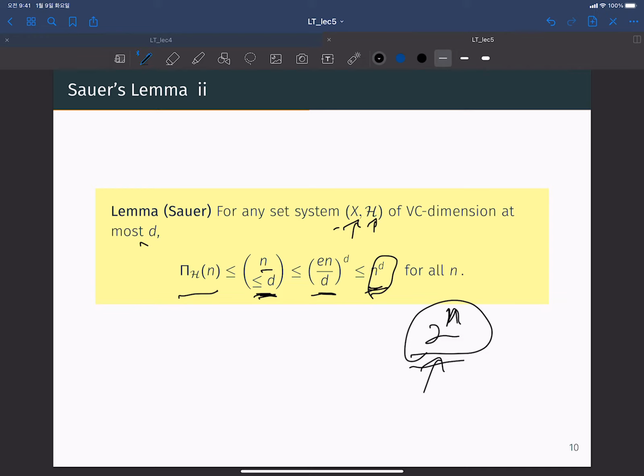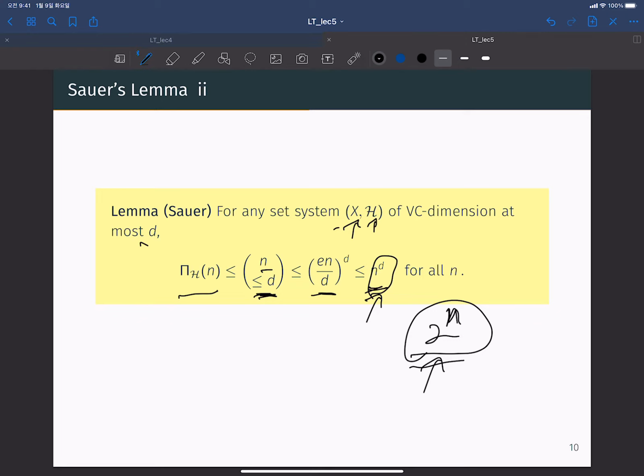Okay. So when you go back to PAC learning theorems and all the results we derived last weeks, we used the union bound, and at that time we multiplied some concentration inequality by the number of hypotheses. Here, since we can upper bound the number of hypotheses defined on our input domain using Sauer's lemma and the VC dimension, with such a union bound result, we can get a tighter bound.